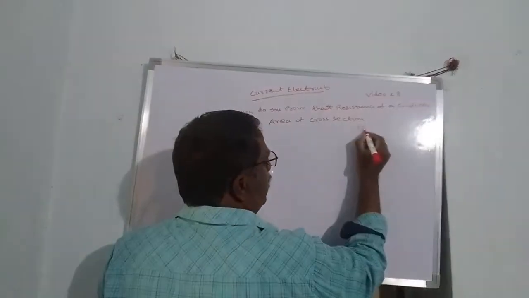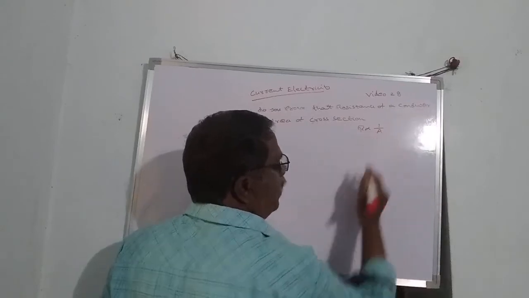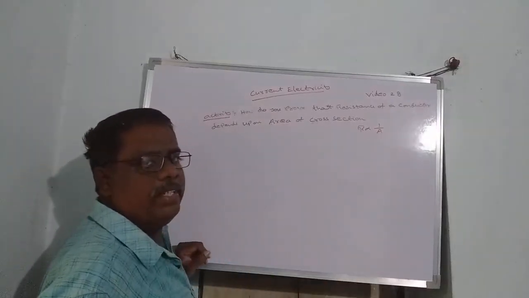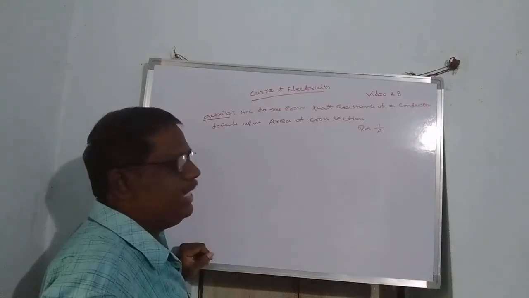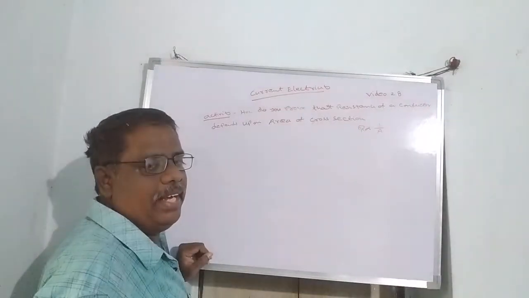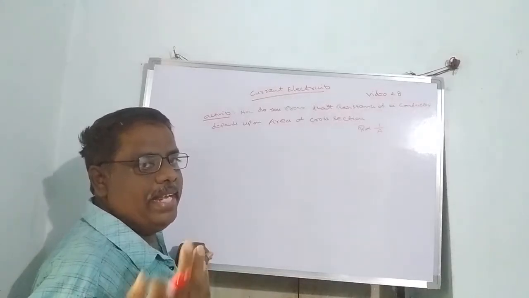Generally, we know that from the laws of resistance, R is inversely proportional to A. Resistance is inversely proportional to cross-sectional area. If area of cross-section increases, resistance of the conductor will decrease, then flow of current will increase.